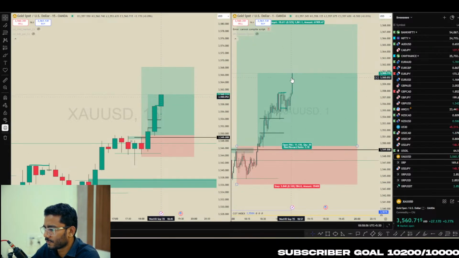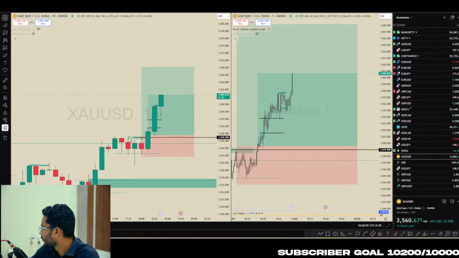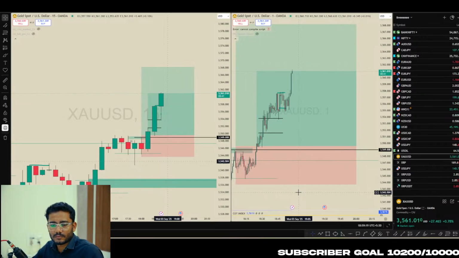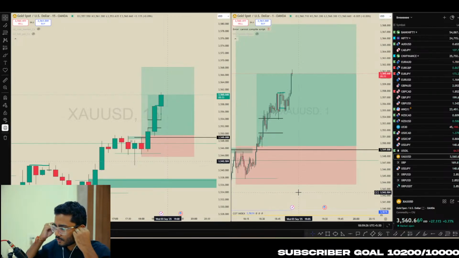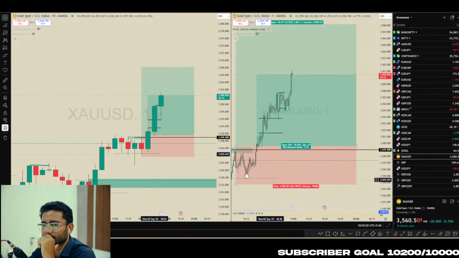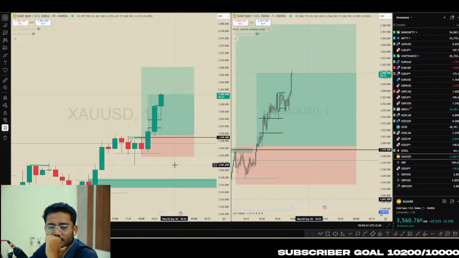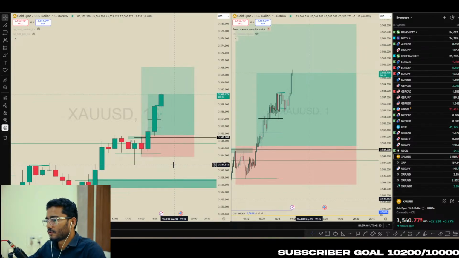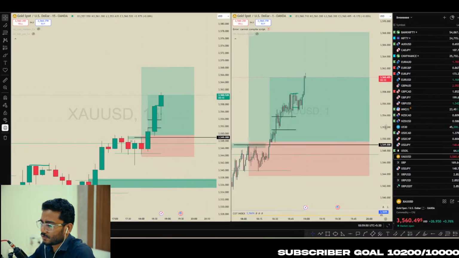So the momentum is still to the upside. I'll try to catch this whole move. So let's see.